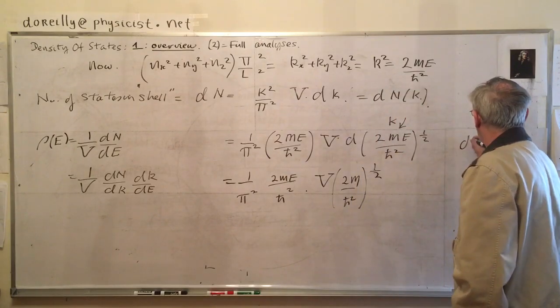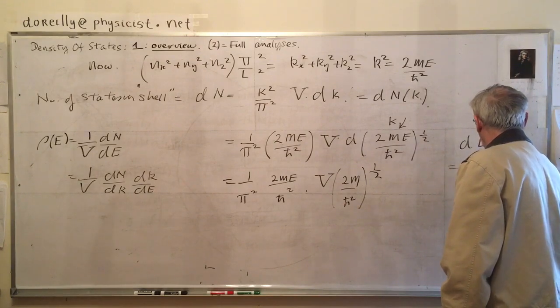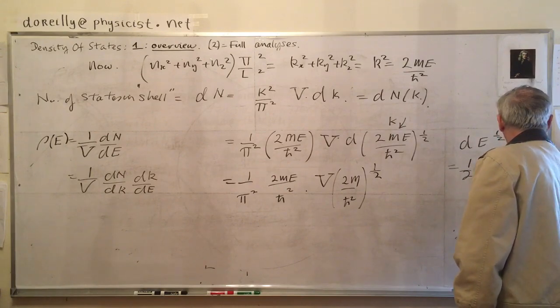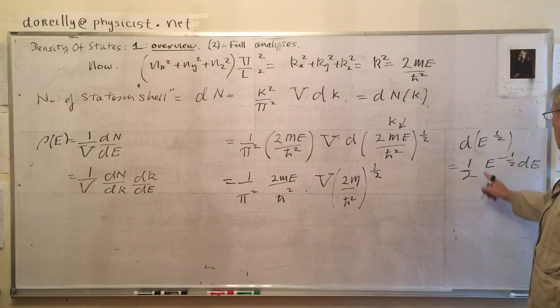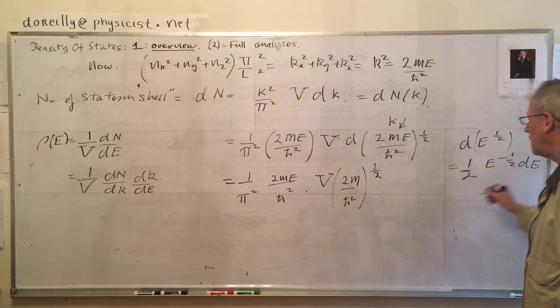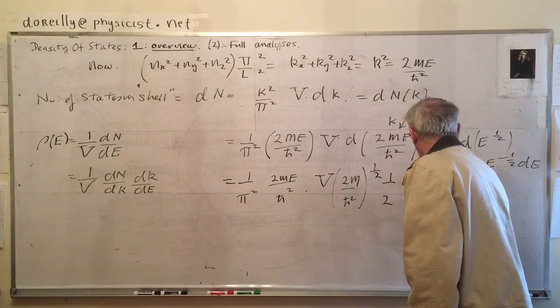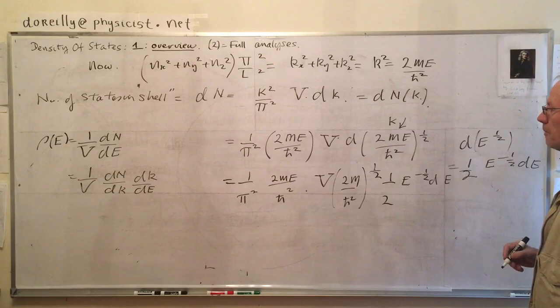Now, taking the differential of E to the power of a half, I get 1 over 2 E to the power of minus a half dE. Okay, so that's what I've got for dn.